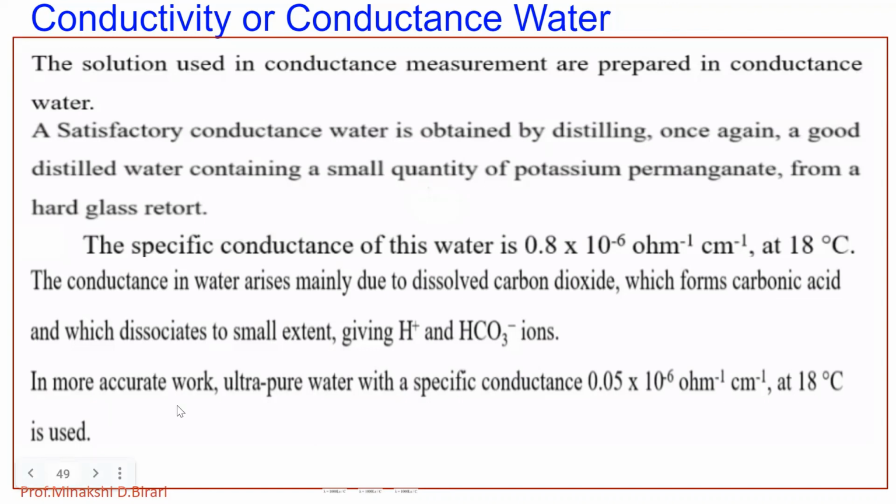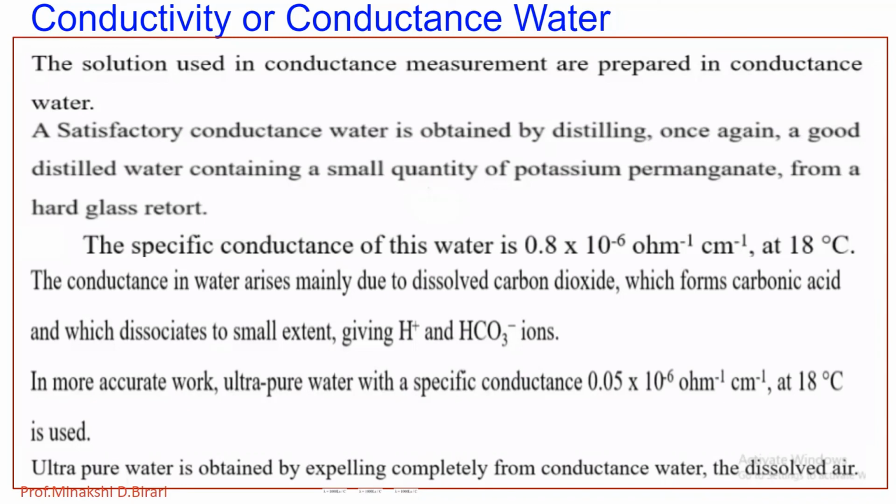In more accurate work, ultra pure water with a specific conductance 0.05 into 10 raised to minus 6 per ohm per centimeter at 18 degree Celsius is used. And ultra pure water is obtained by expelling completely from conductance water the dissolved air.